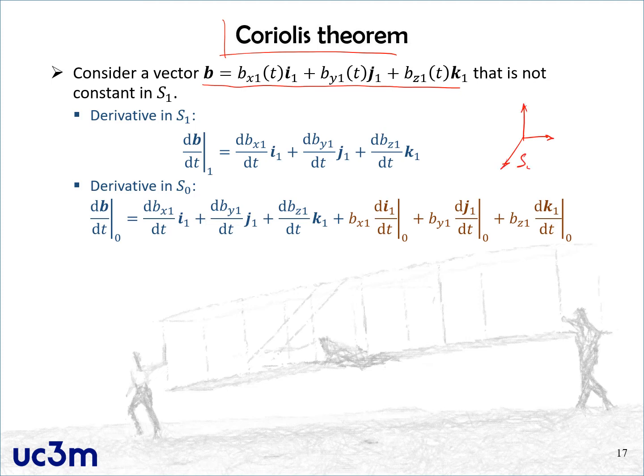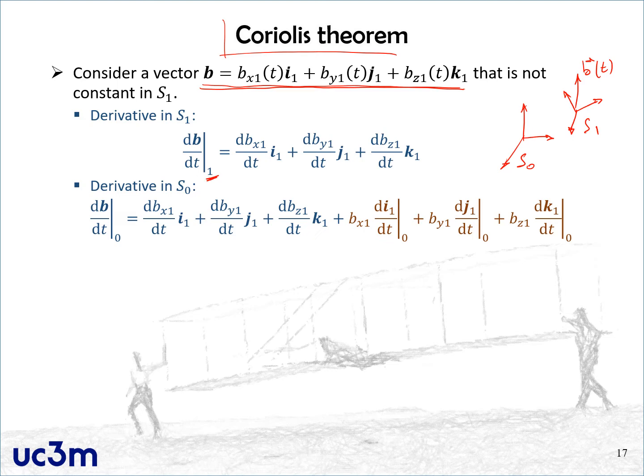Imagine this is S0, we have S1, okay, which may be translating and rotating with respect to S0. And now we have a vector b, which is a function of time in S0, okay? So if we have b written in this way, okay, already expressed in basis 1, it is quite straightforward to take the derivative in basis 1, okay?